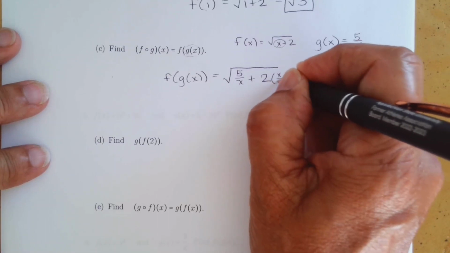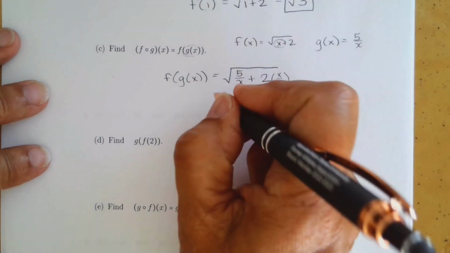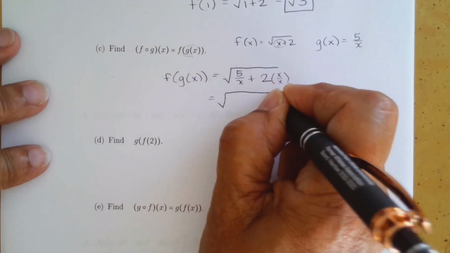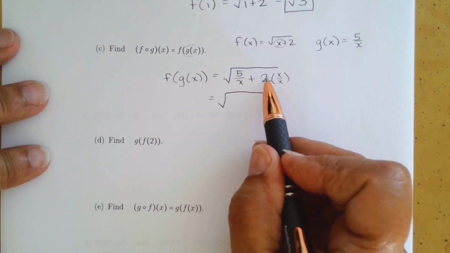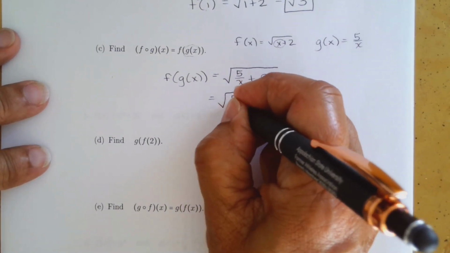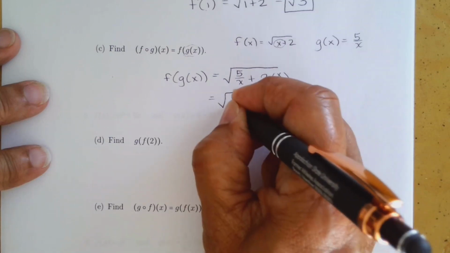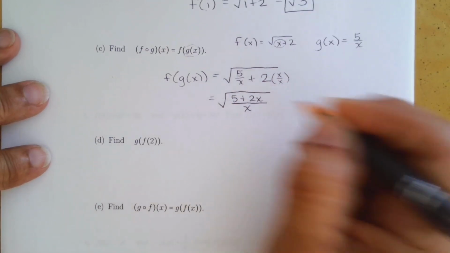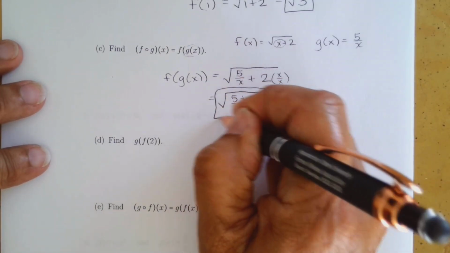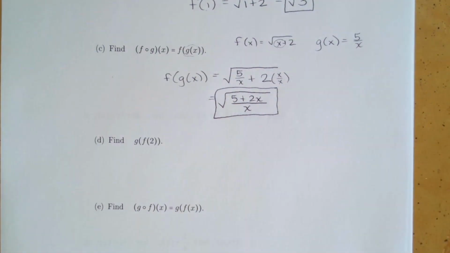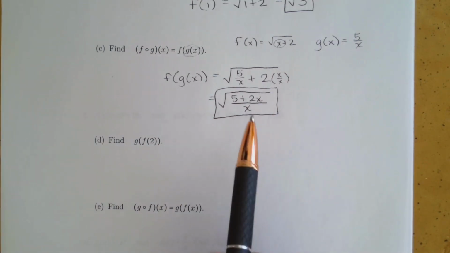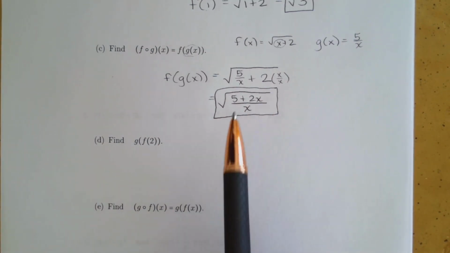So we're going to multiply that by x over x. So if we keep going, we have 5 plus, and then 2 times x is 2x. And then your common denominator now is x. So you could do it that way and get your common denominator. Okay? So either's okay with me, but I think this is the way that they would want you to simplify it.